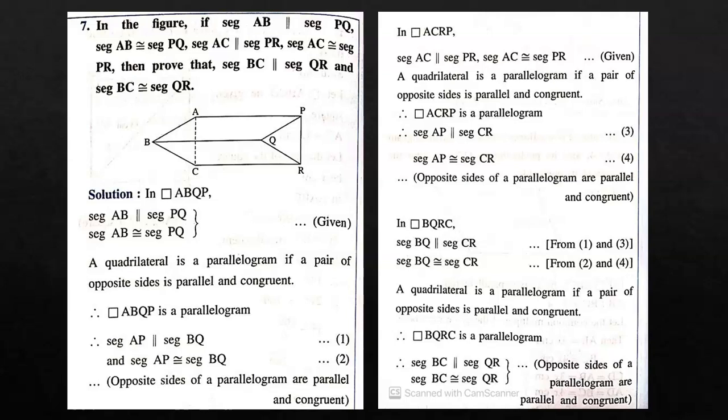So again, if a pair of opposite sides is parallel and congruent, then I can say that this quadrilateral is a parallelogram. So quadrilateral BQRC is a parallelogram. If it is a parallelogram, then the other remaining pair is also parallel and congruent. So I get in quadrilateral BQRC, BC is parallel to QR and BC is also congruent to QR. Hence proved.